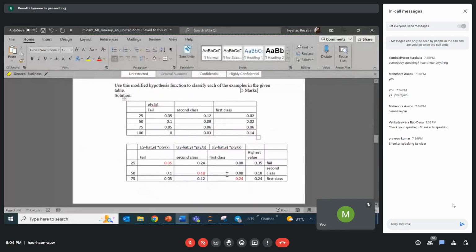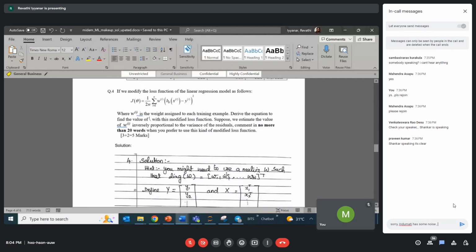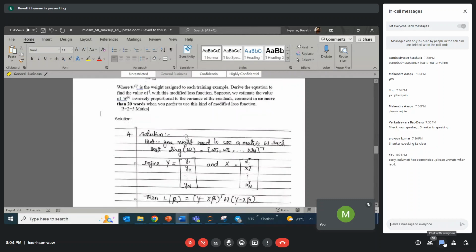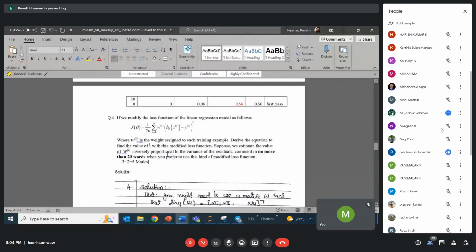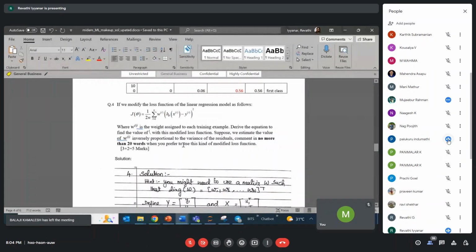In case of logistic regression, h of x is same. Yeah, here itself they have added a w. Yeah, that's possible. But here I think they're looking more at a derivation. They've not given values.